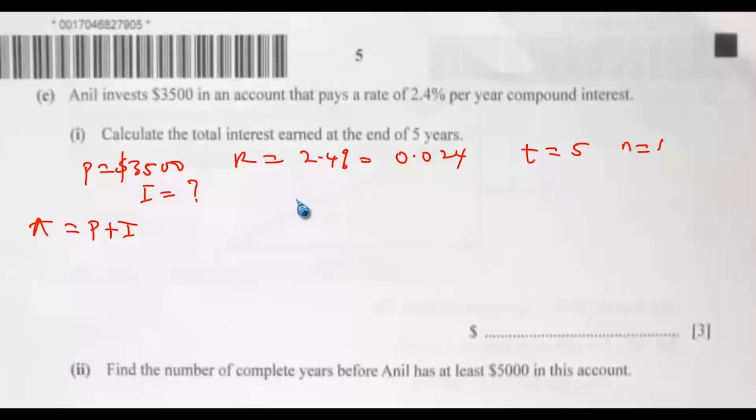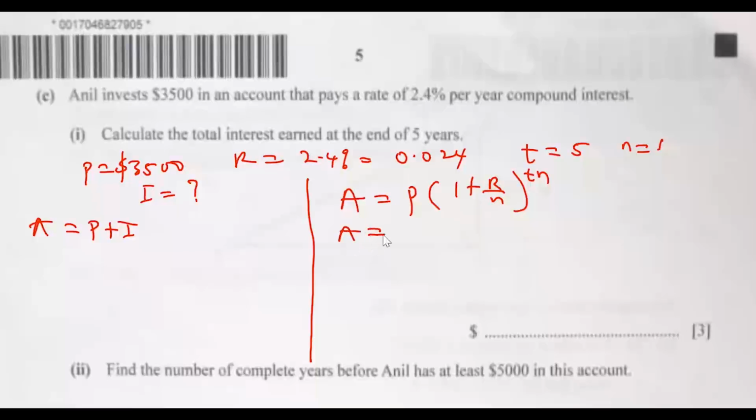To calculate the amount, we can easily say A is equal to P into bracket 1 plus R over N to the power of T times N. If you key in the values here, the amount will be equal to 3,500 into 1 plus 0.024 over 1, then to the power of 5 times 1, which is the same thing as 5.